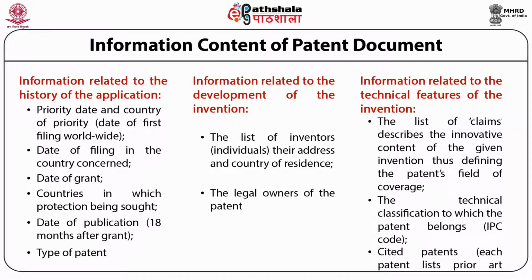And it also talks of types of patent, whether it is a functional patent, and in some patent offices like the US patent office, patents are also granted for design patents and plant patents.